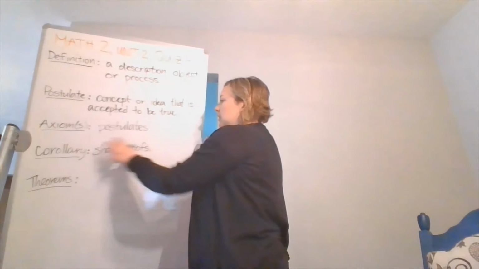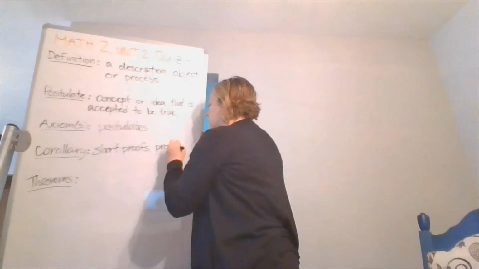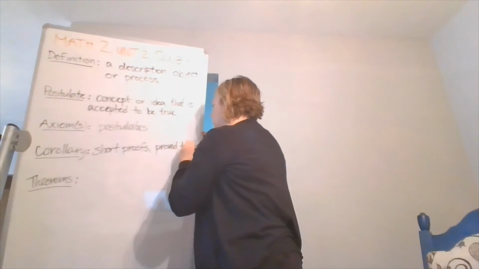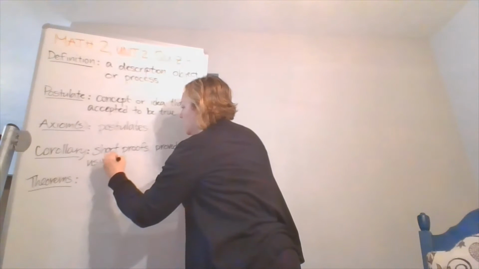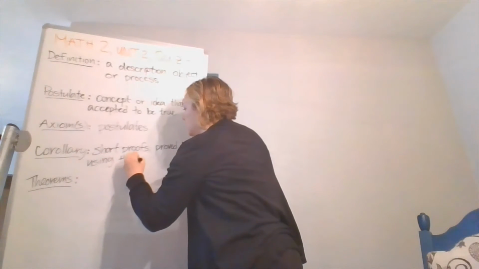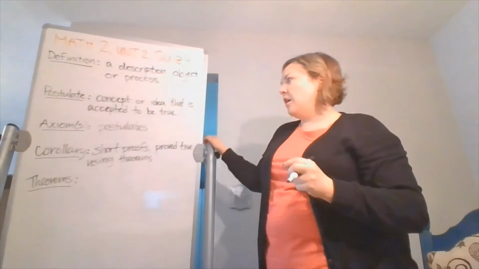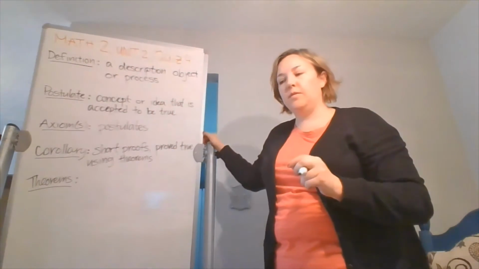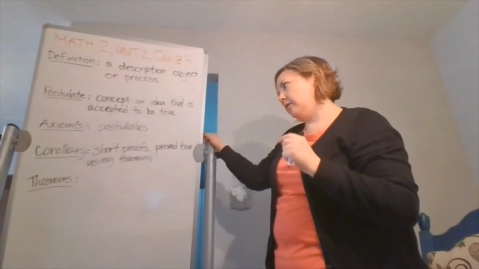So you'll use theorems to easily prove that these are true. A corollary is a quick and easy thing to prove.